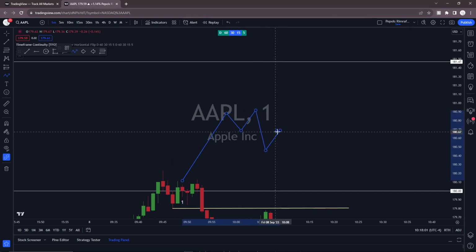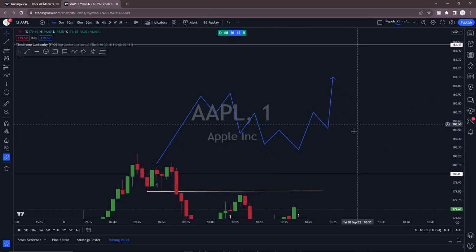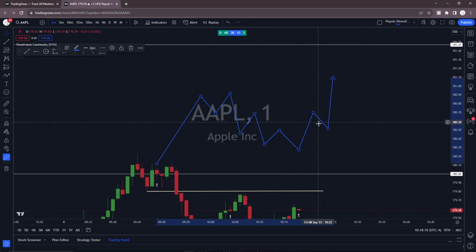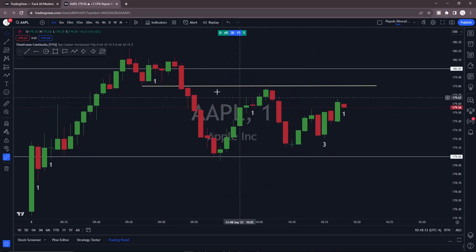So this is the retest, and then when this continues down, then that's the buy the dip retest. So we now want to see a higher high and then a higher low. So that's why I didn't enter calls here.